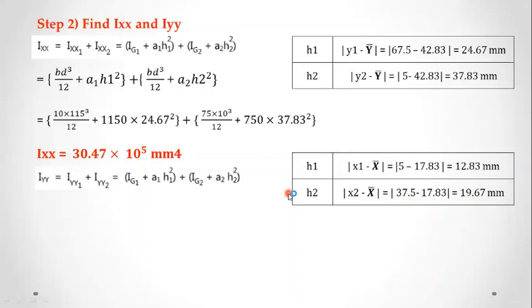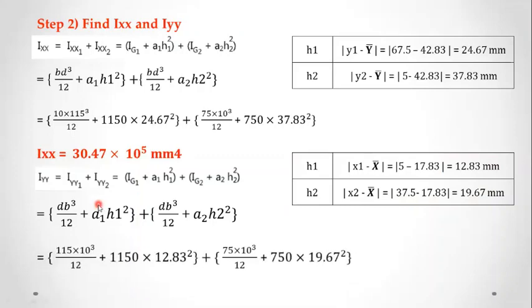So put all the values of B, D, H1, H2, A1, A2 in this formula. Here Ig1 and Ig2 are the moment of inertia of a rectangle about its own centroidal axis, so we use the standard formula of a rectangle for Iyy.